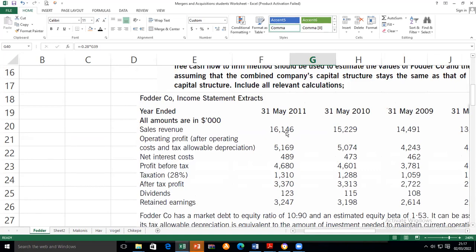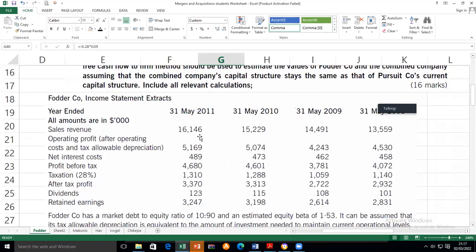So first of all, we calculated the average annual growth of sales. We found that sales grew from 13,559 to 16,146, an average annual growth rate of 6%. But what was the relationship between operating profit and sales?